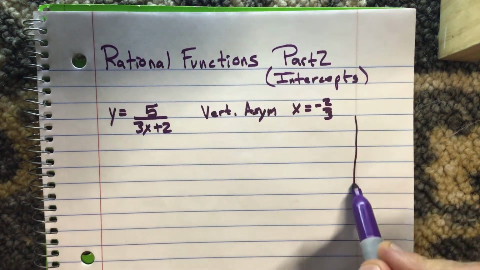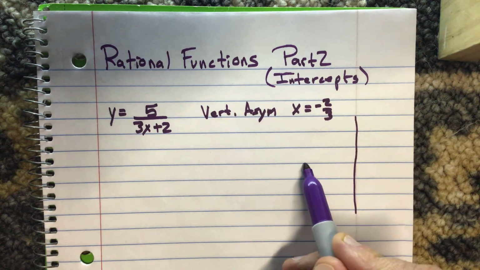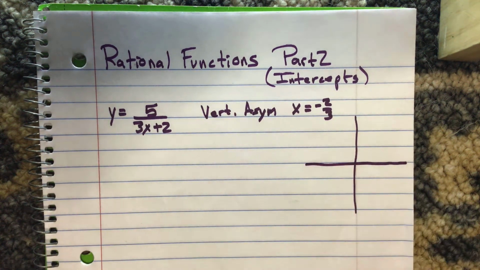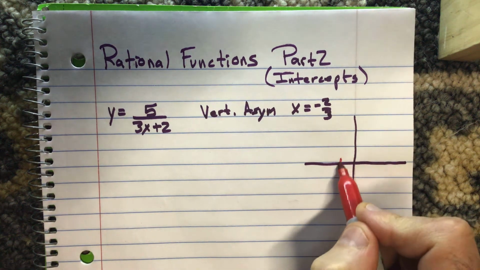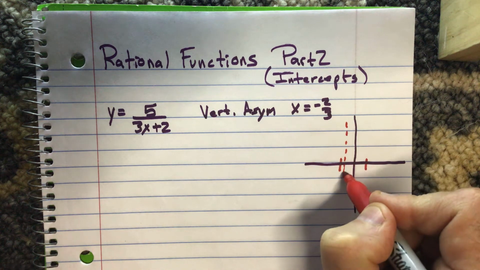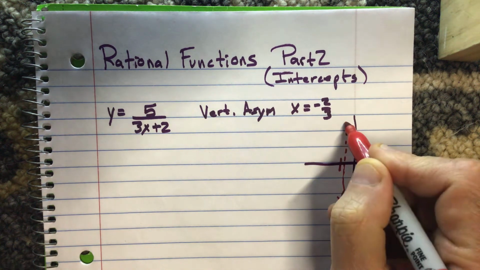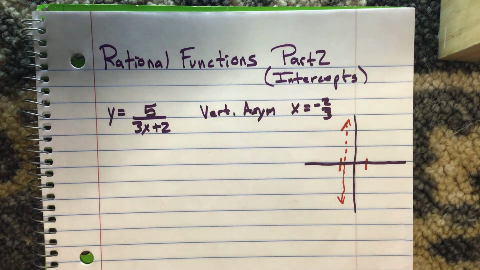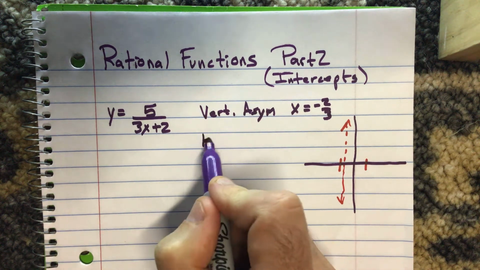So let me just try to sketch this a little bit. So you have a vertical asymptote at negative 2/3, which is about right here. This is just rough sketches that I'm doing. You have a horizontal asymptote.